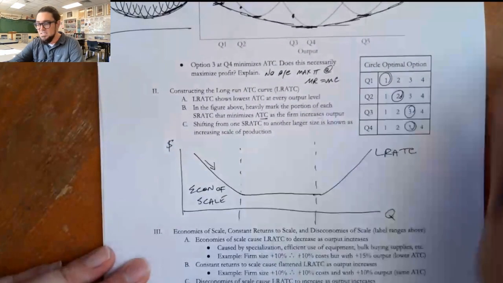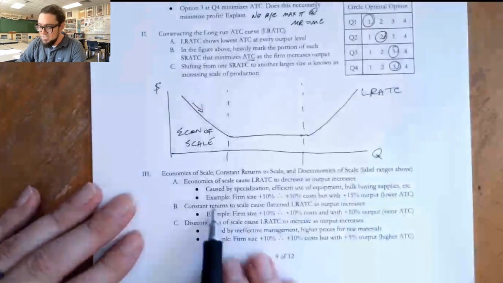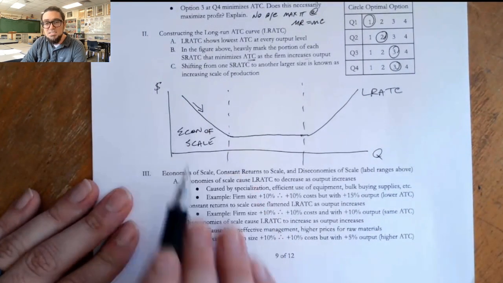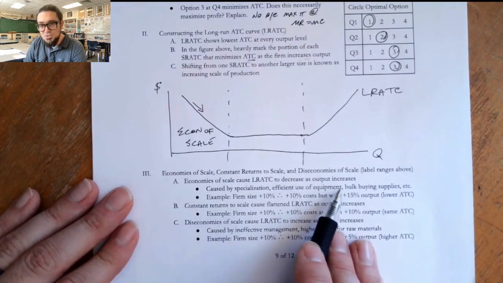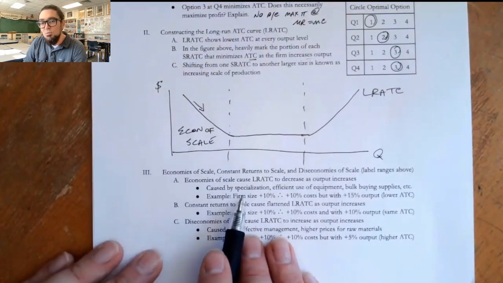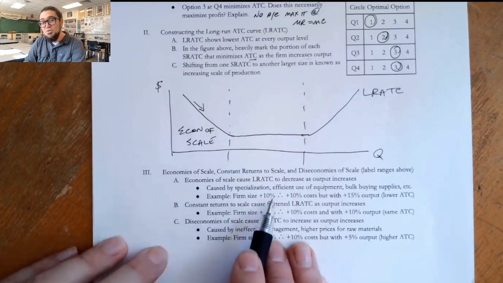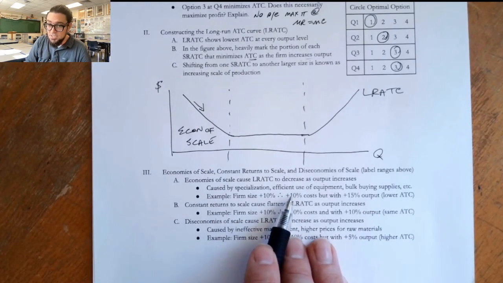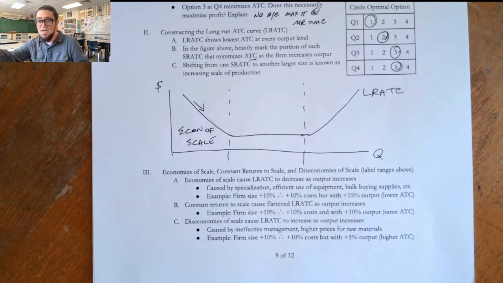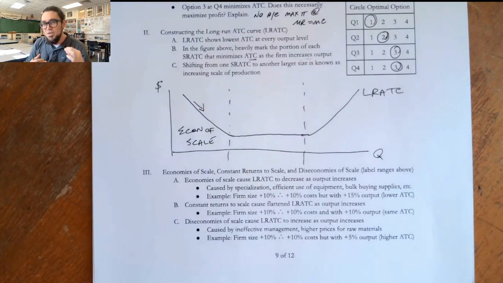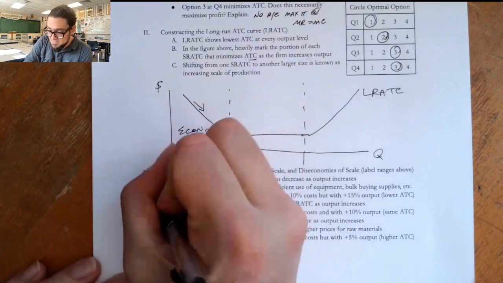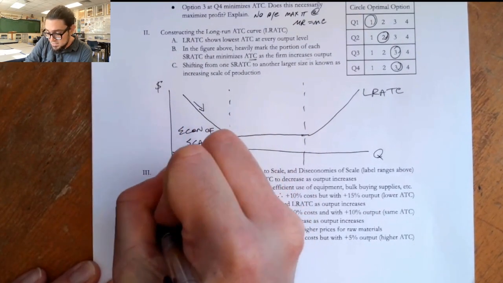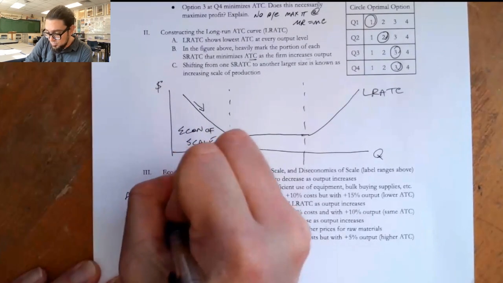And right below this is written an explanation of what that means. It's caused by specialization. That's why you get that lowering average cost. And it's caused also by efficient use of equipment, bulk buying, and so on. But what it really means is maybe you increased your firm by 10% and you got 10% more costs as a result, but you got 15% more output. So you got more output than what your costs went up. If you think about it, ATC is equal to the total cost divided by the total product.